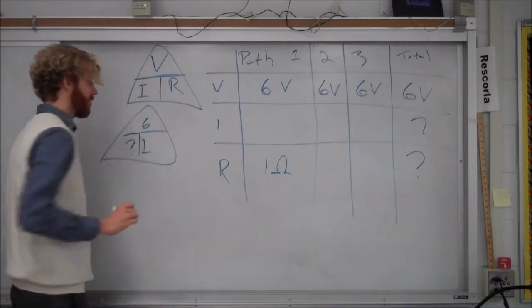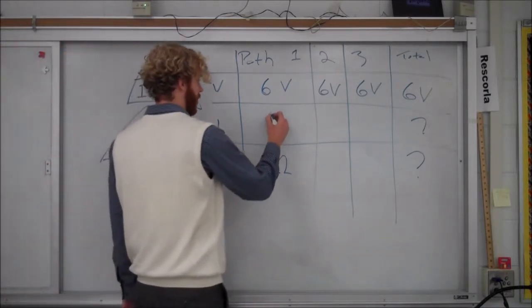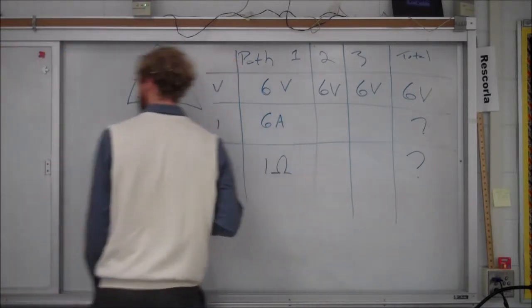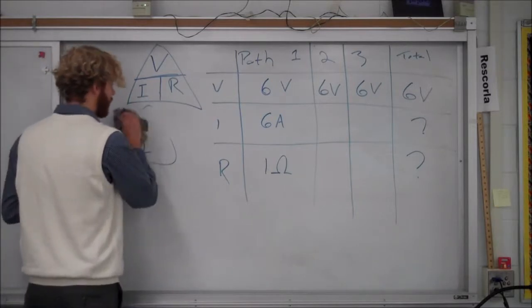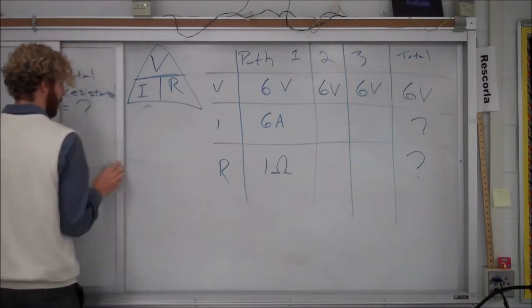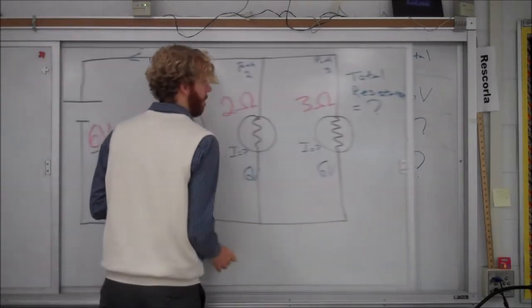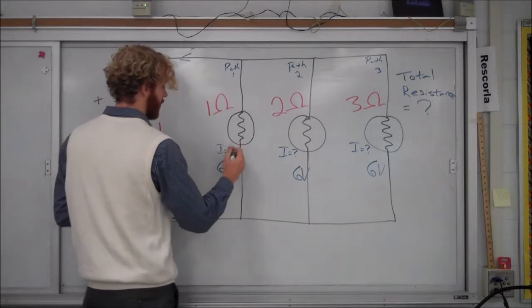So there's the first triangle. 6 divided by 1 is 6. So our current on path 1 is 6 amps.